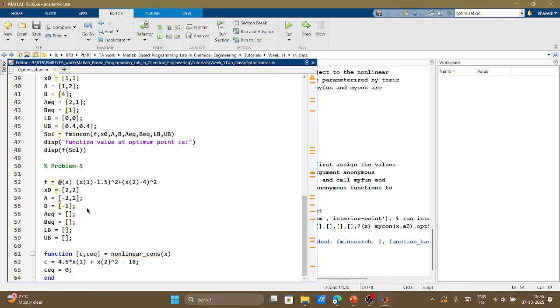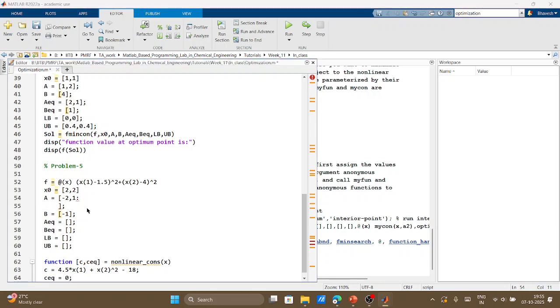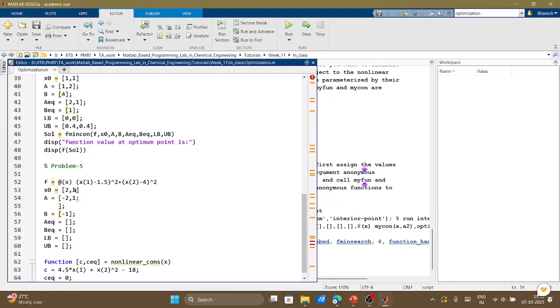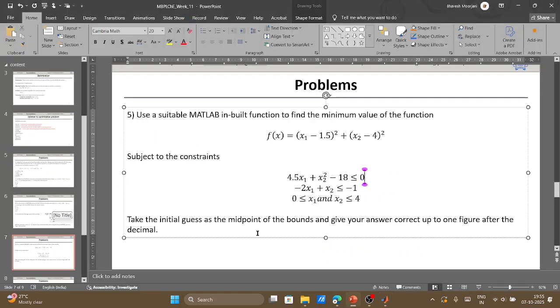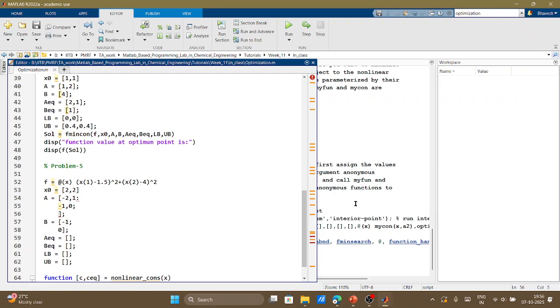Then you can put it into your inequality constraint part. The first condition on x1 says minus of x1; I don't have any x2 value corresponding to that, so this is 0, right? The second linear inequality constraint says that x2 should be less than or equal to 4. So here the coefficient will be 1, and this should be less than or equal to 4, right?